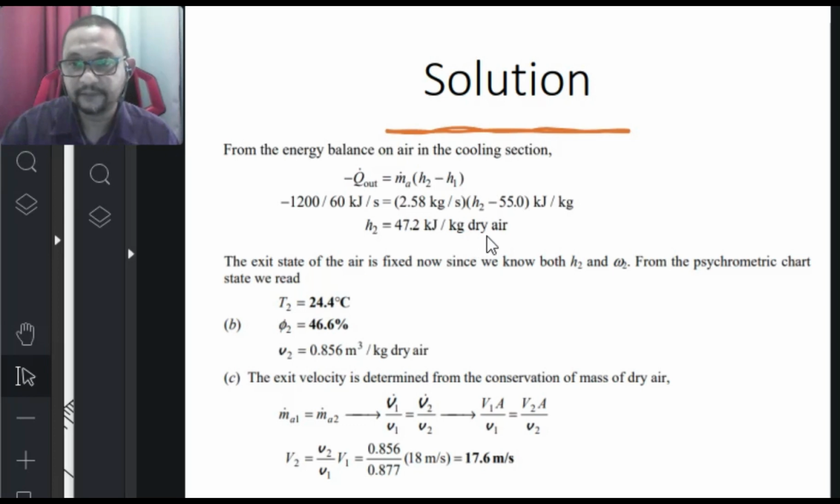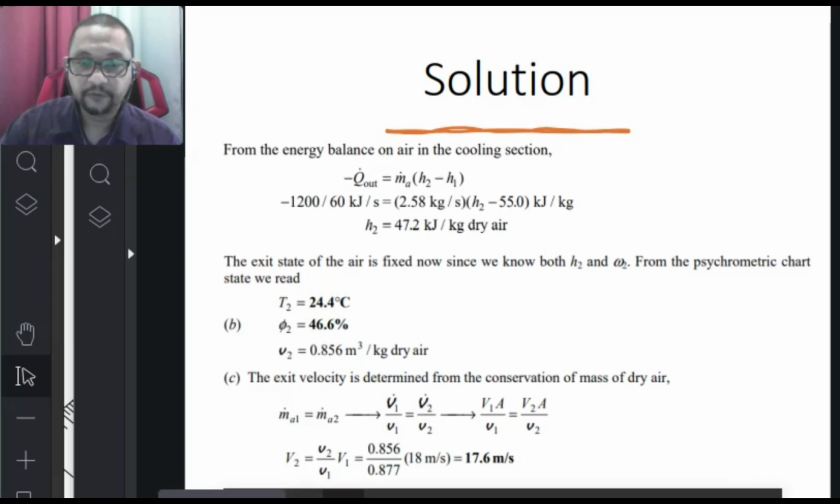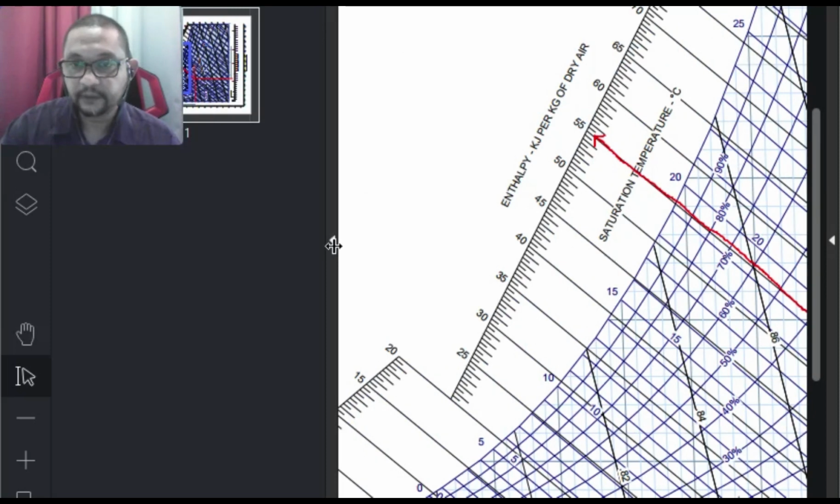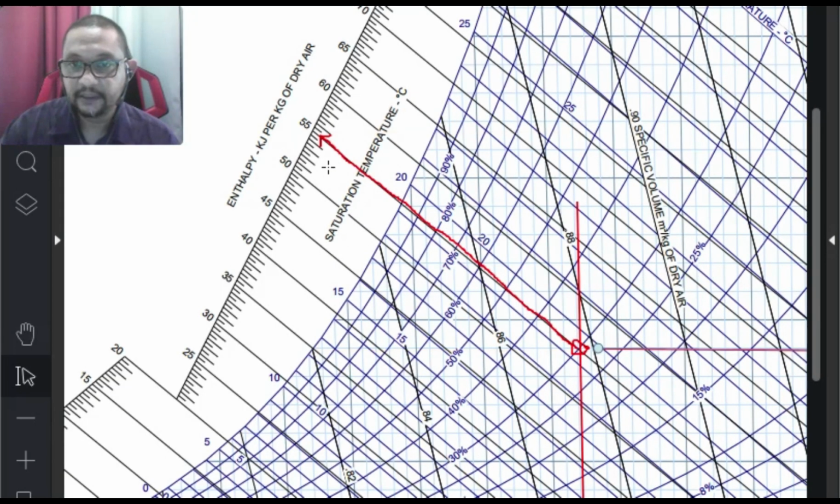per kilogram dry air. So when you have these parameters, H2 and omega 2, then you can find T2 from the psychrometric chart. We look for H 47.2, around here.